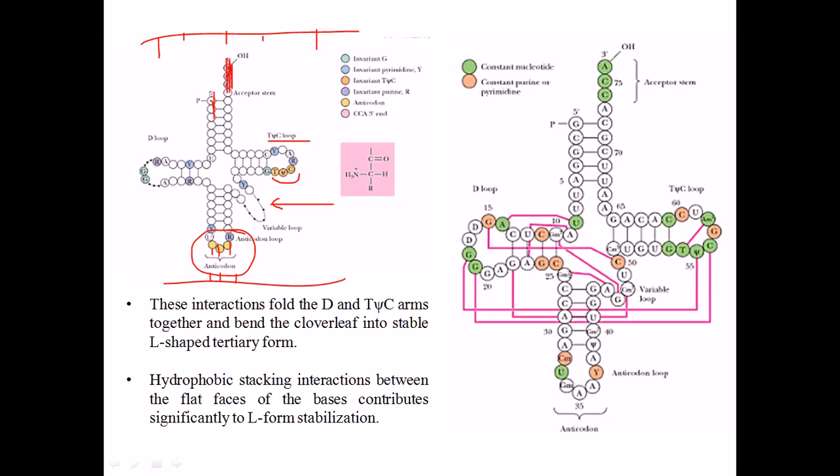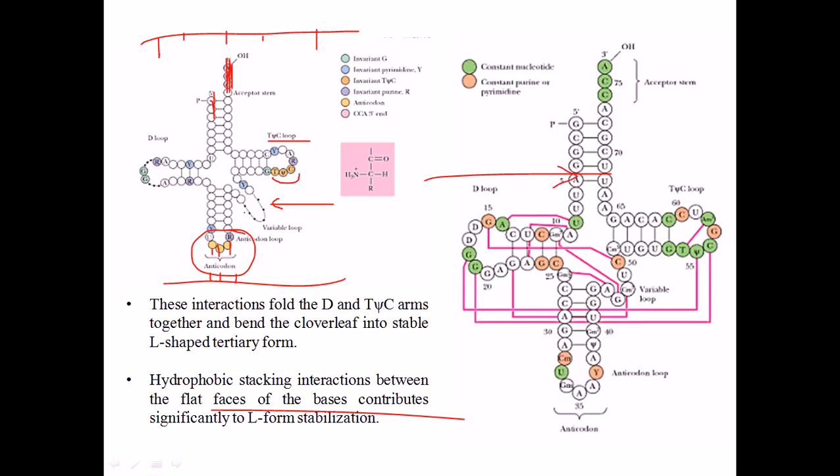And as a result of the presence of pseudouridine, ribothymidine and dihydrouridine residues, they can make another round of hydrogen bonding and hydrophobic stacking interaction between the flat faces of the bases, to make a further round of complex structure, which we call the tertiary structure, as you can find in this picture.